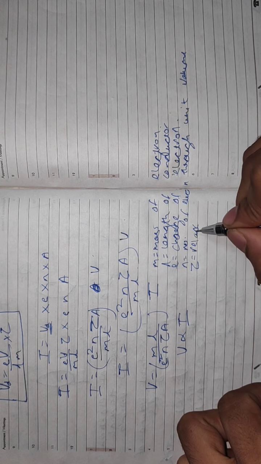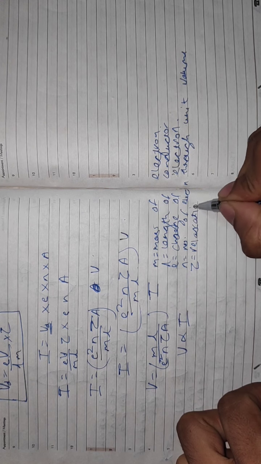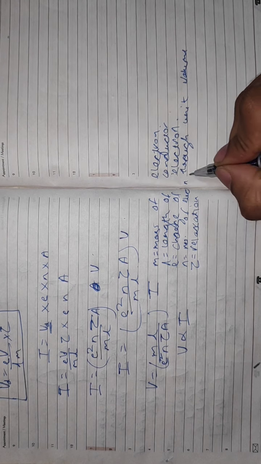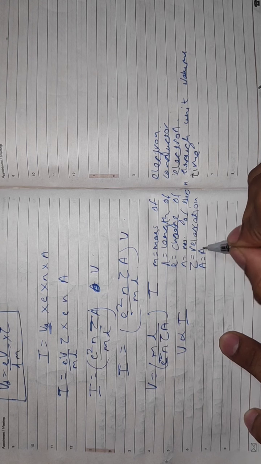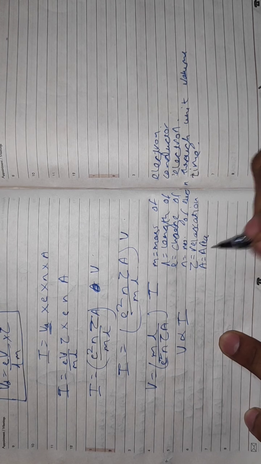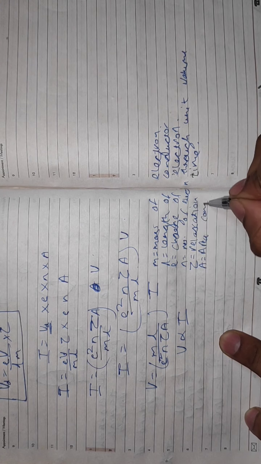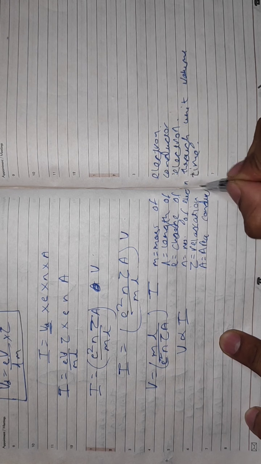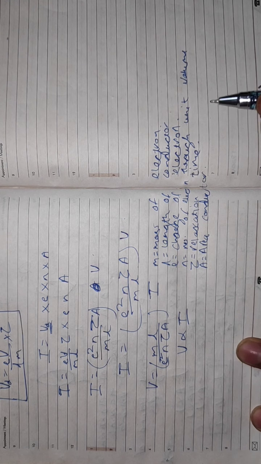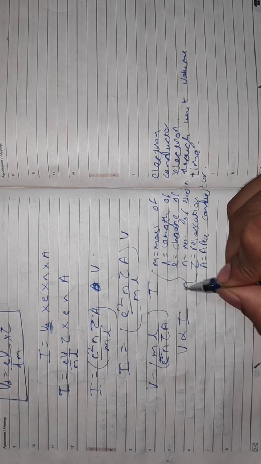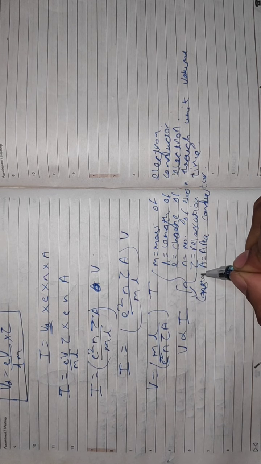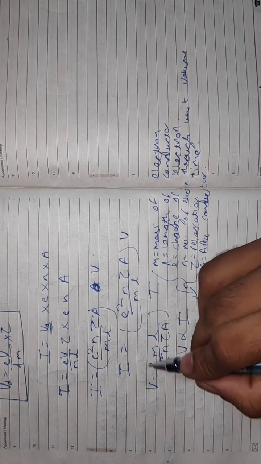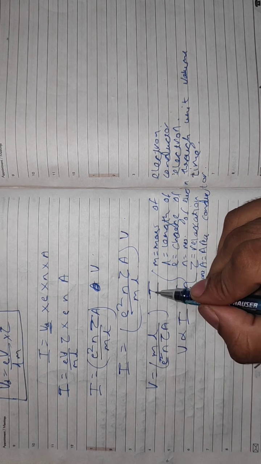Relaxation time is constant if your temperature remains constant. And A is the cross section area of conductor. So all these quantities are constant, so we can write V is proportional to I.